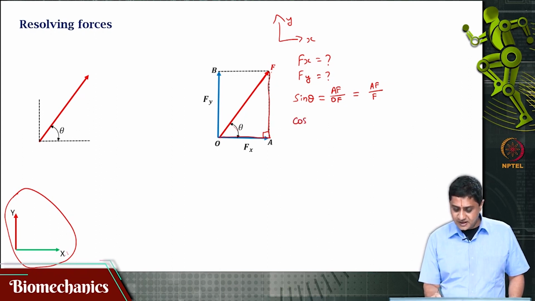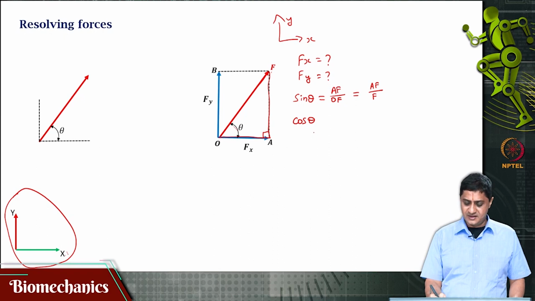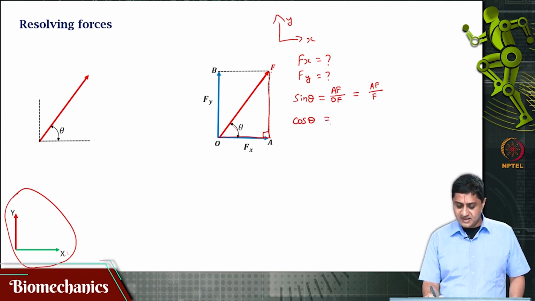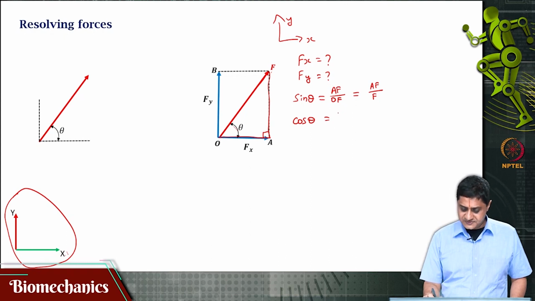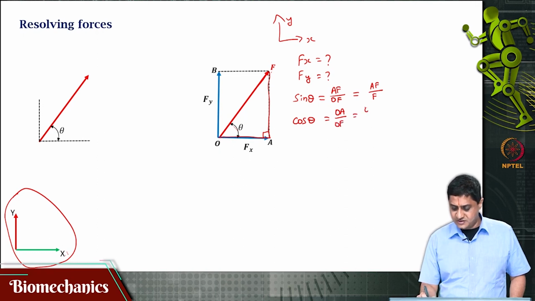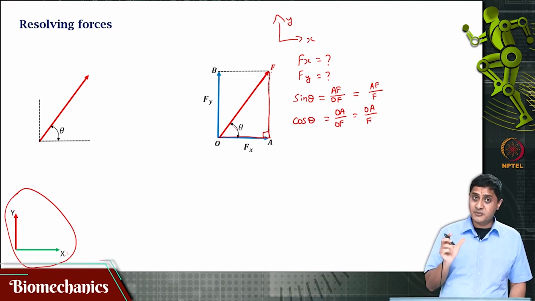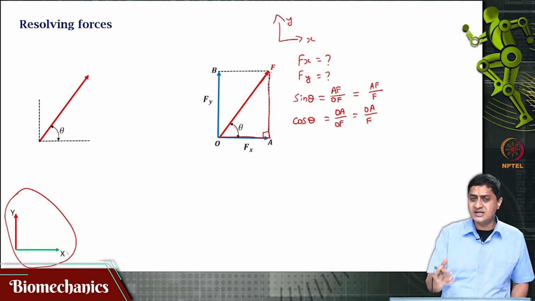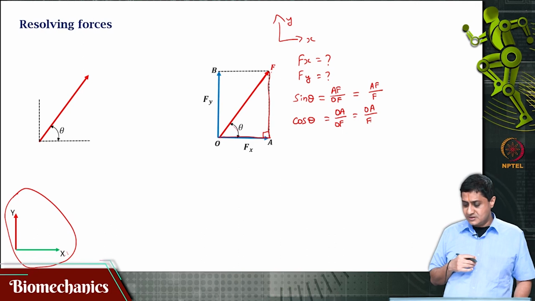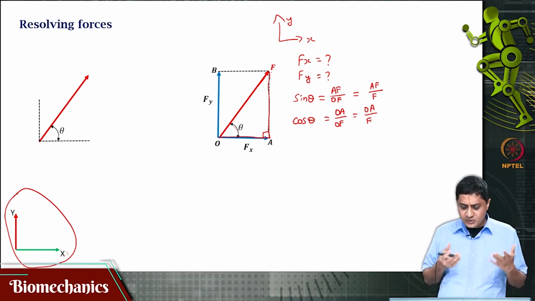Likewise, what is cos theta? Cos theta is adjacent side by hypotenuse, that is OA divided by OF, and that is OA divided by the magnitude of the force F. We know that the hypotenuse is the magnitude of the force F, and F is given. Now, what is the question?